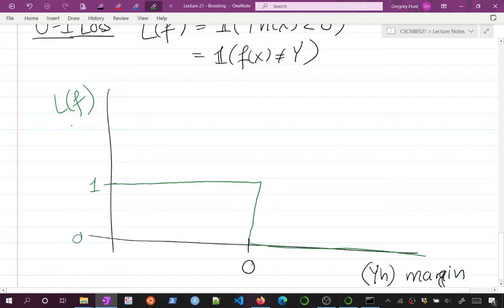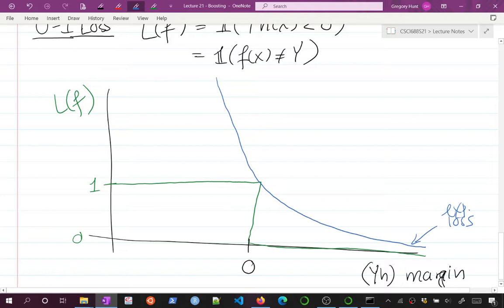So that's what the 0, 1 loss looks like if we plot L of f, our loss, against the margin. But this is not the only loss we could use. Any function that behaves similarly, penalizing negative values of the margin and penalizing positive values less, also works. You can come up with lots of these, and people have. One that's particularly important is called the exponential loss, and it's going to look something like this.